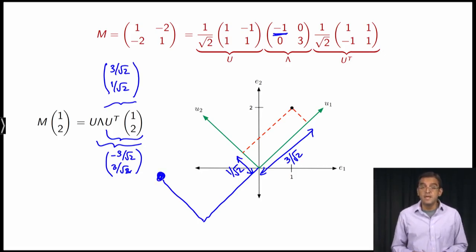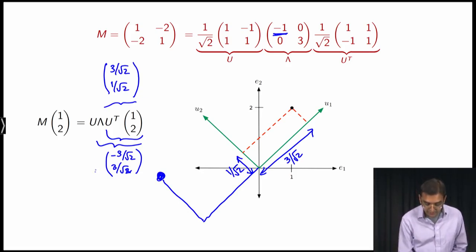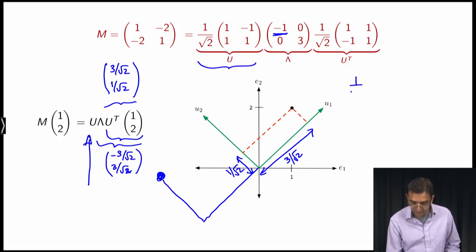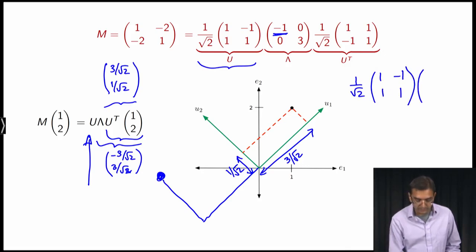Okay. And finally, we return to the original basis by multiplying by u. And let's see what that gives us. Okay, so here's u over here. 1 over square root 2 times 1, negative 1, 1, 1. And then we multiply the vector we have over there, negative 3 over square root 2, 3 over square root 2.